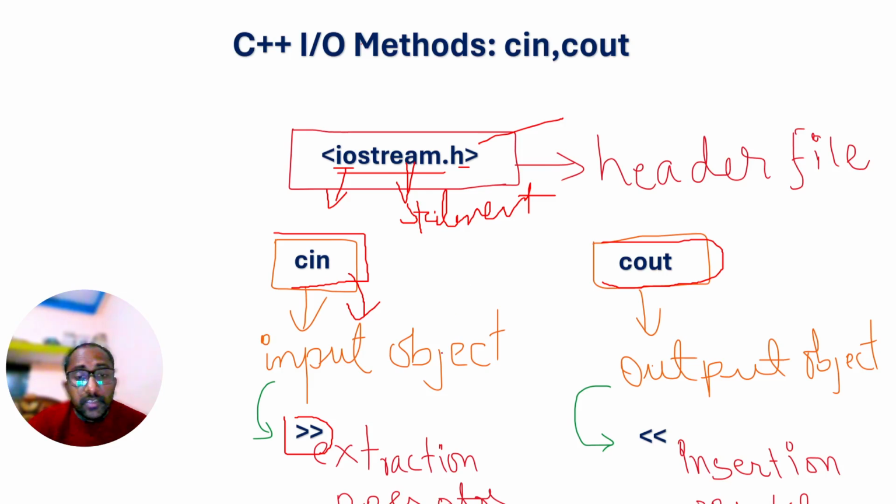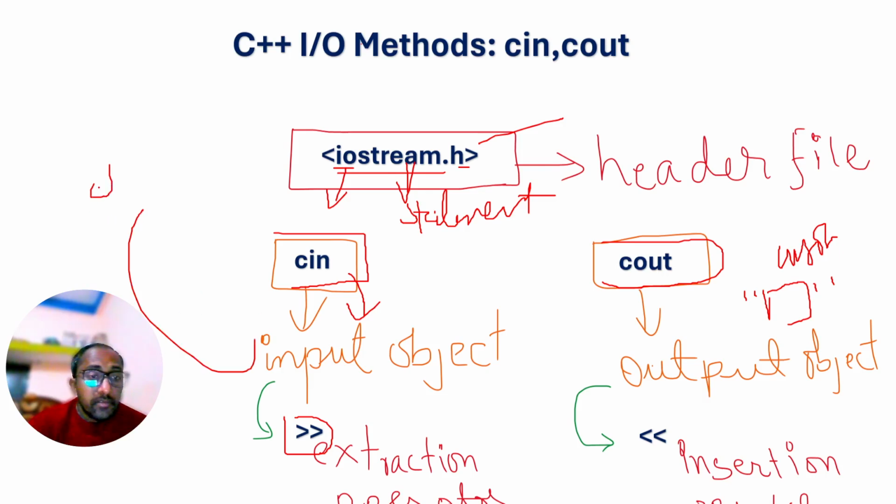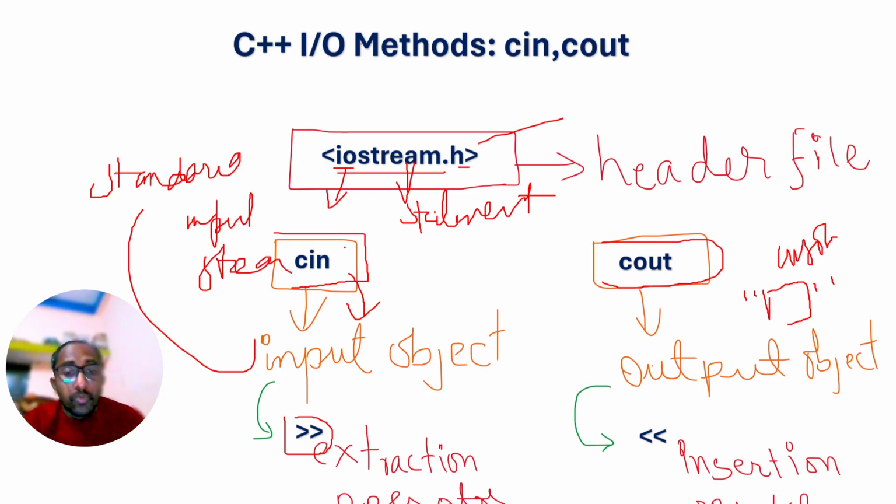cout is the output object. It will print the double-quoted statement inside the double quotation on the console. These correspond to the standard input stream and the standard output stream.